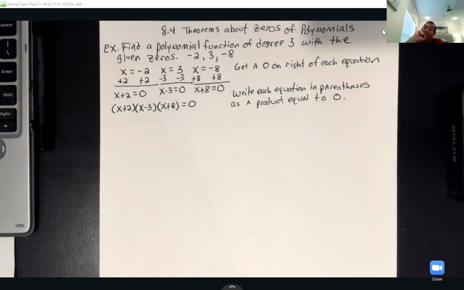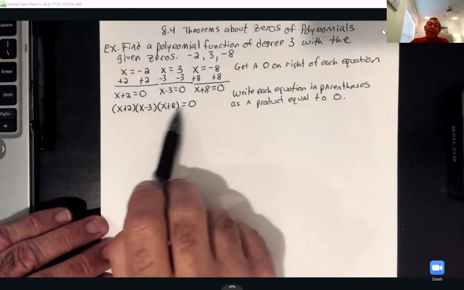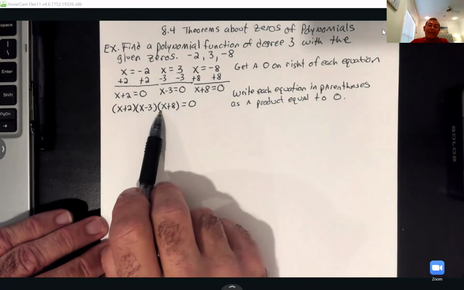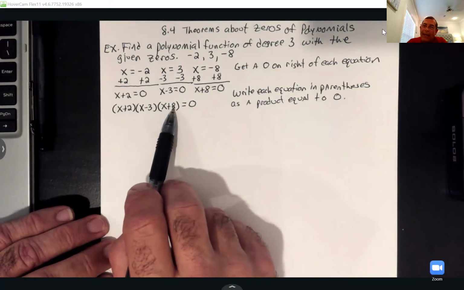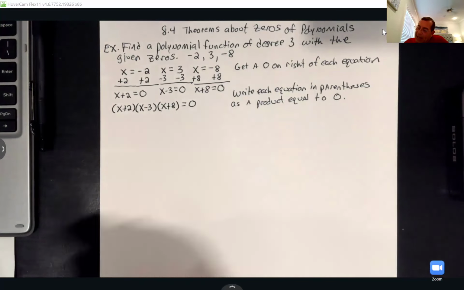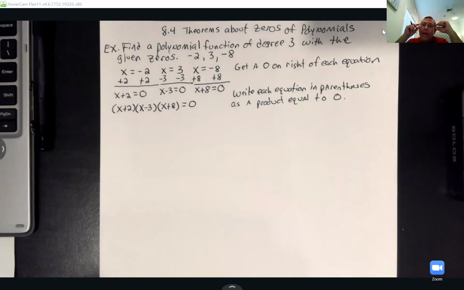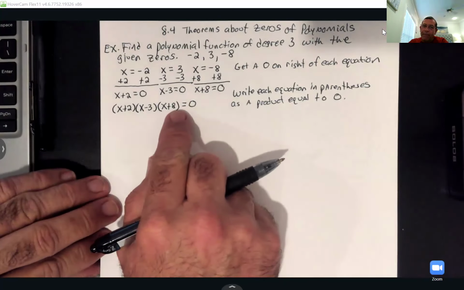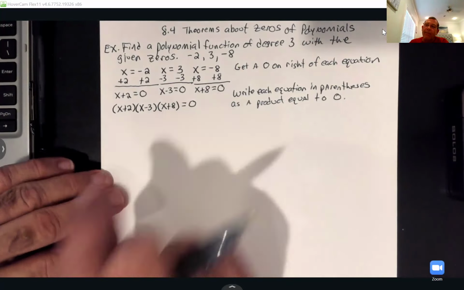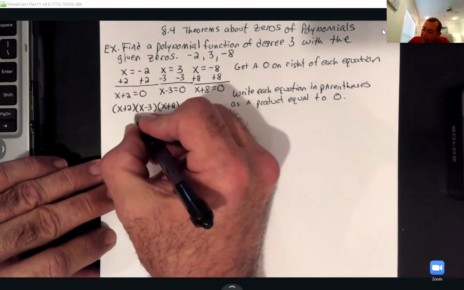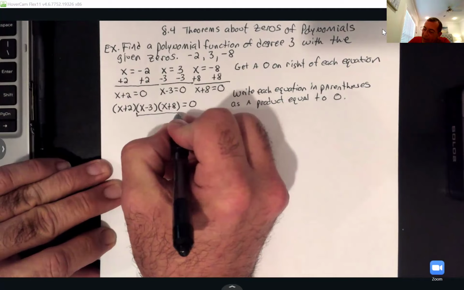Now y'all look at this. We got 3 things sitting here that are being multiplied, so it looks like we're going to start out by foiling. Now I'll tell y'all a trick I do on this one. To make it easier to foil, I foil the last 2 first.